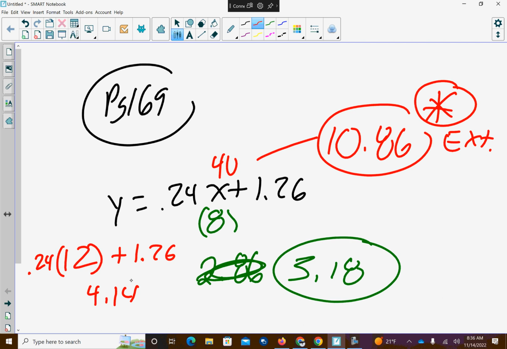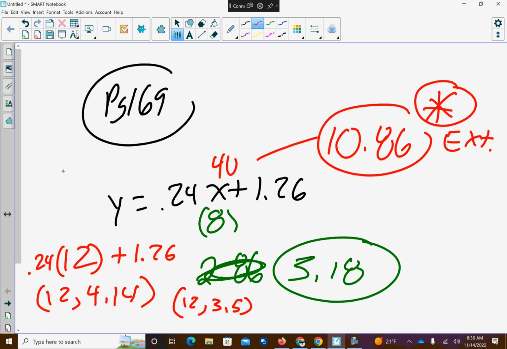Then I have to look back at my data. 12 hours was 3.5. And then I plugged in my line of best fit.